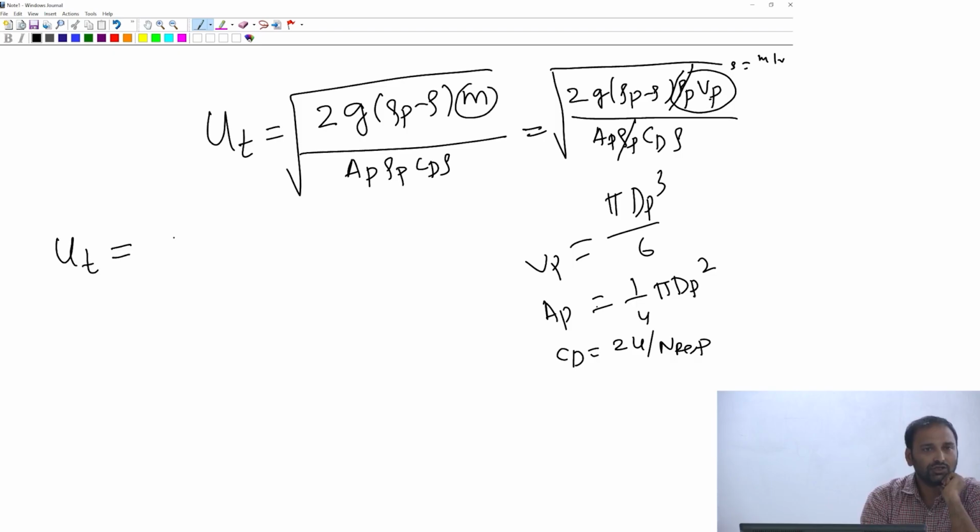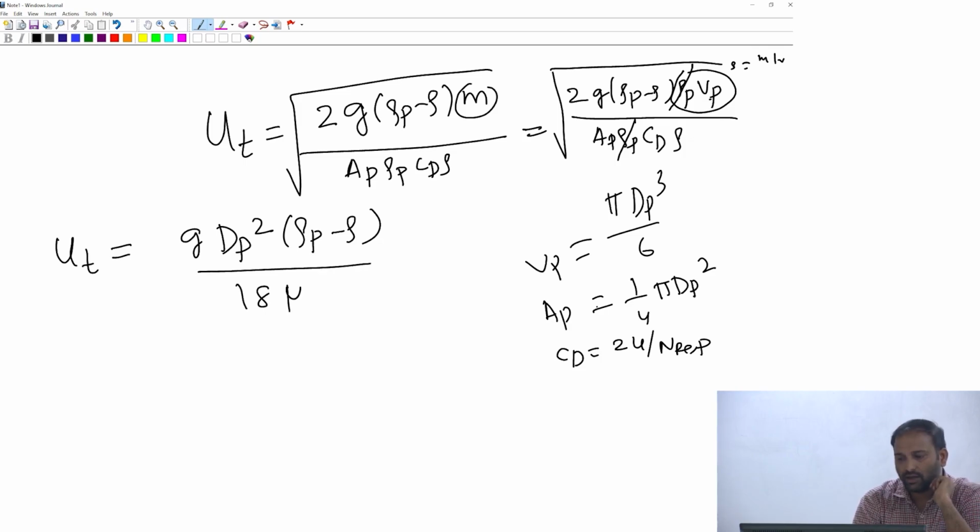This UT should go as g into dp square into rho p minus rho divided by 18 mu, which is what you would get for something called the Stokes regime, okay.